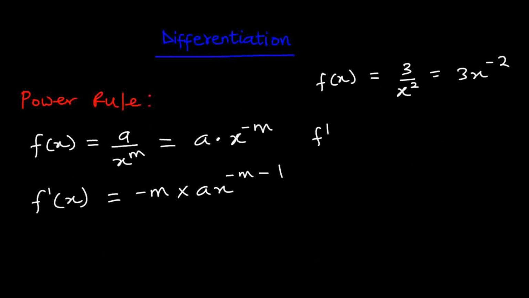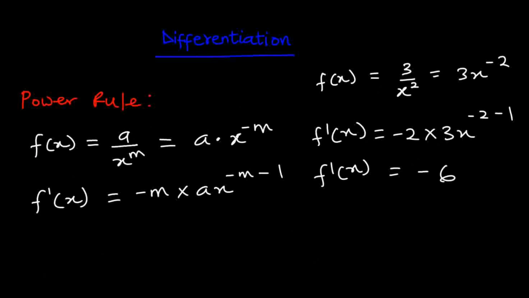Therefore the derivative f prime of x is equal to minus 2 multiplying 3x to the power minus 2 minus 1. This will give us the derivative of the function to be equal to minus 6x to the power minus 3. So that was the derivative of this function.